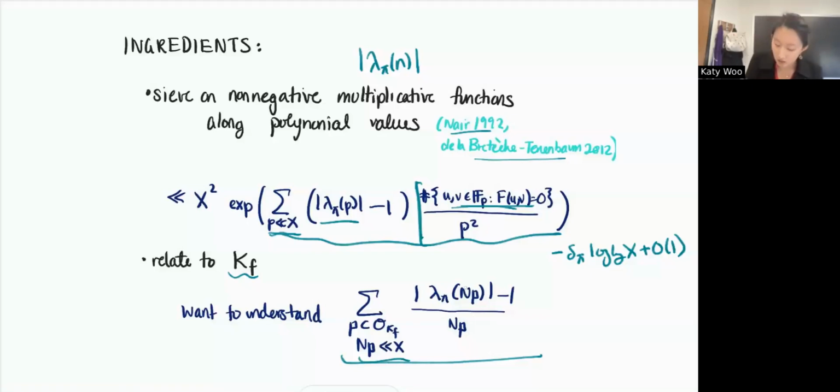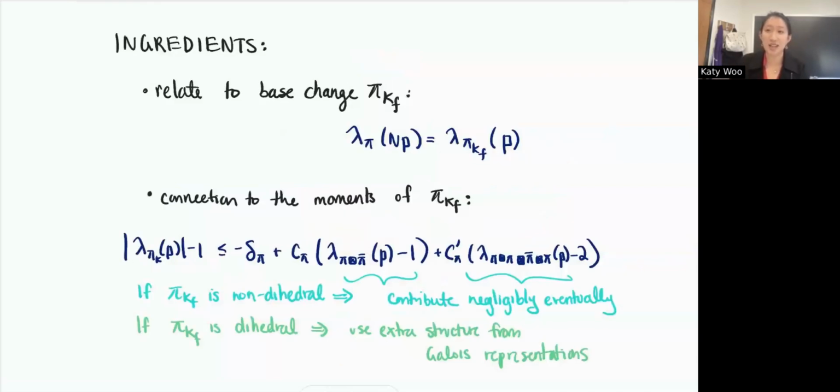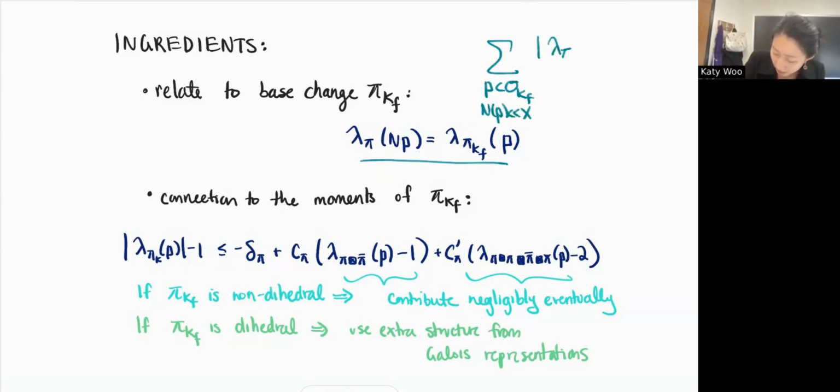And now we're looking at this internal thing, which is the Fourier coefficient of pi at the norm of p, and we can relate that to the base change of pi to kf. So this will be the coefficient of pi kf at p. And so what we're trying to study is the sum over prime ideals of our splitting field of norm at most x of the size of lambda pi of kf of p minus 1 over the norm of p.